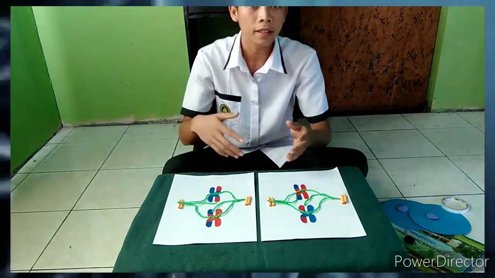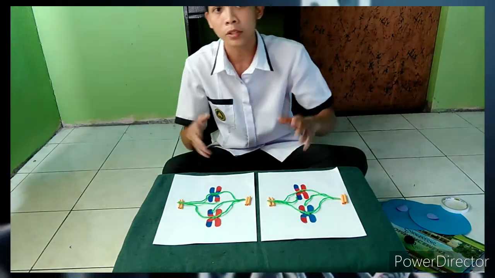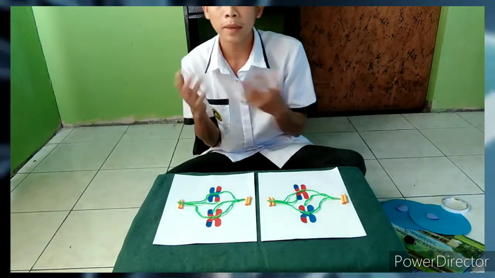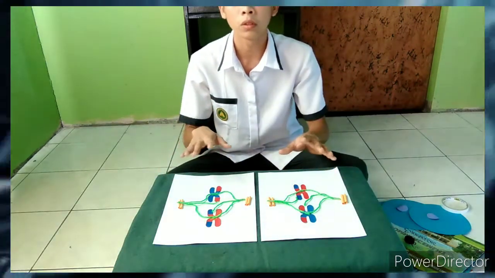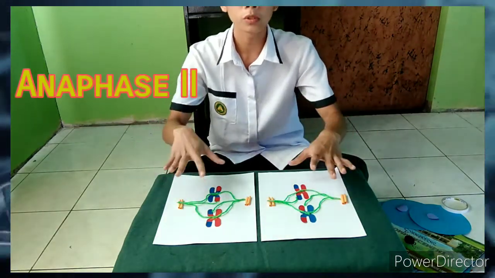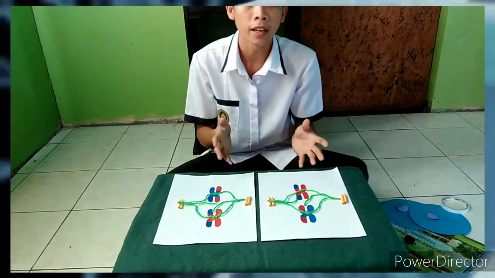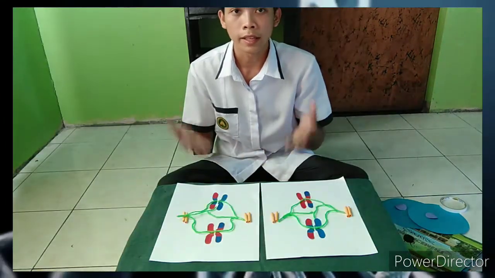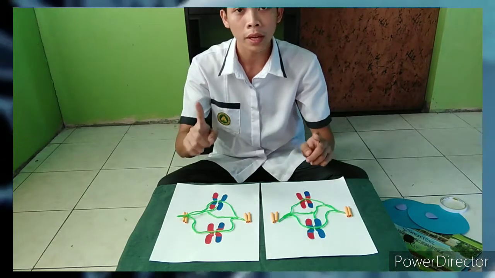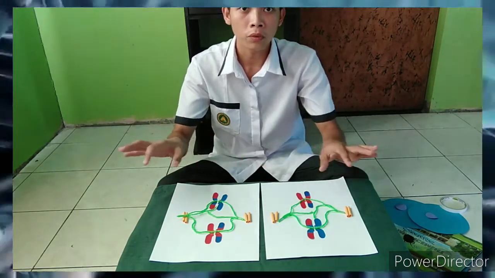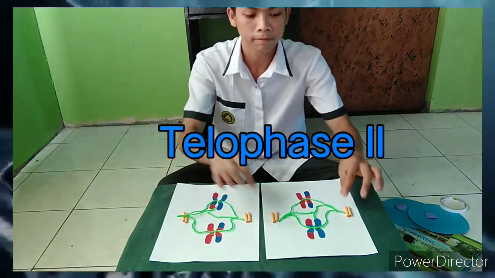Now remember that in meiosis 1, the genetic recombination is happening at prophase and metaphase 1, but in metaphase 2, this arrangement of chromosomes also helps in making unique daughter cells. In anaphase 2, chromosomes will split so that chromosomes with only one chromatid will go to the opposite poles of the cell.